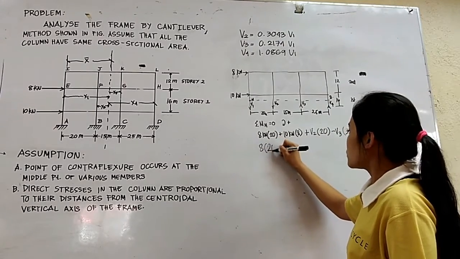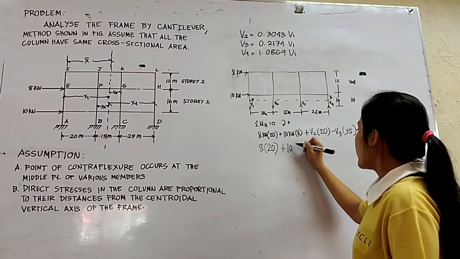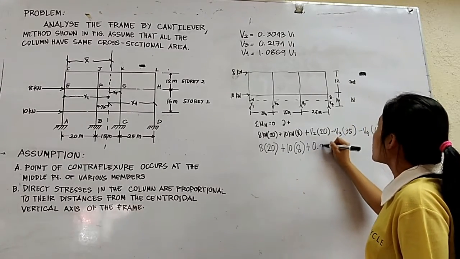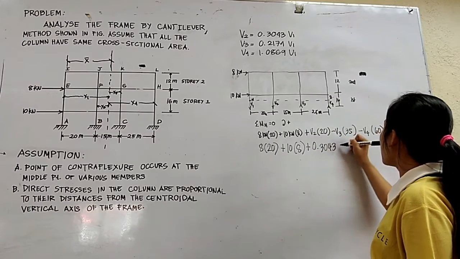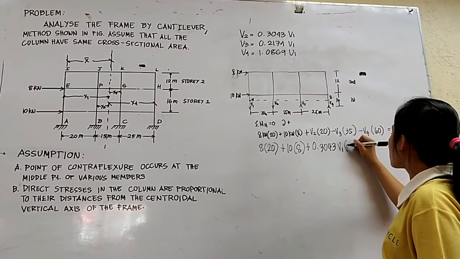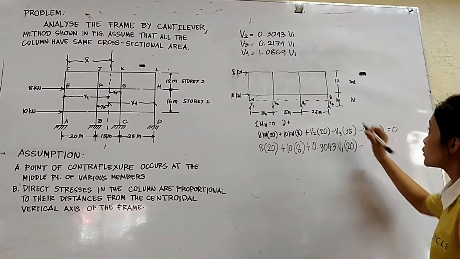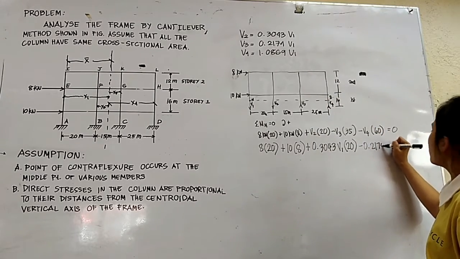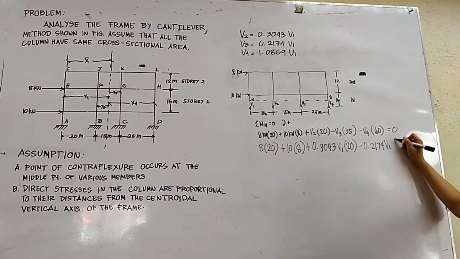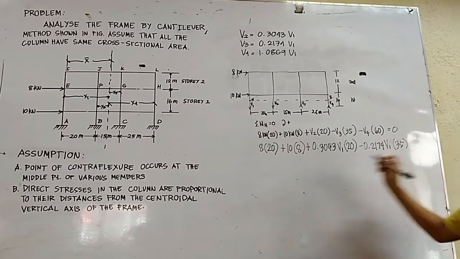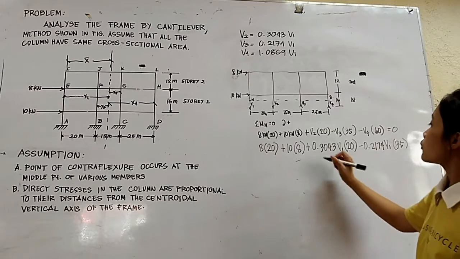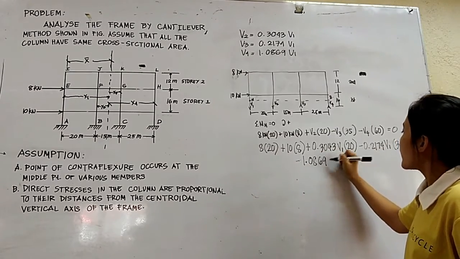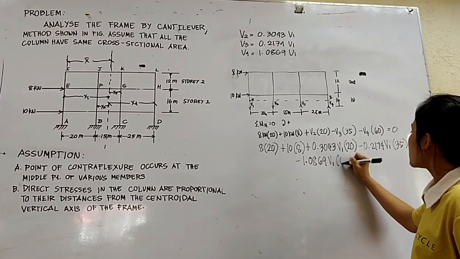So we are going to substitute the values of V2, V3, and V4 here. 8 times 20, 10 times 8, plus V2, 0.3043 V1 times 20, minus our V3, 0.2174 V1 times 35, minus the value of V4, which is 1.0869 V1 times 60.